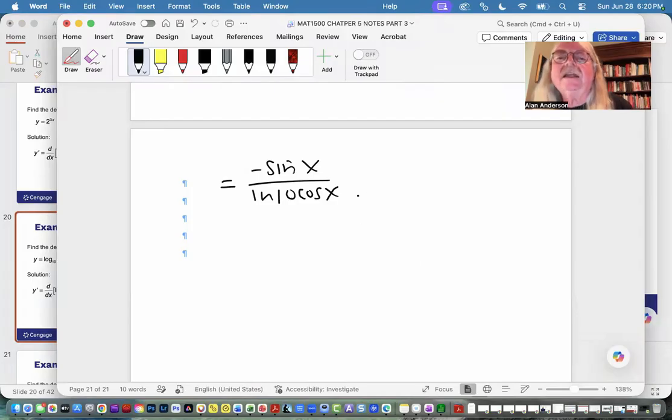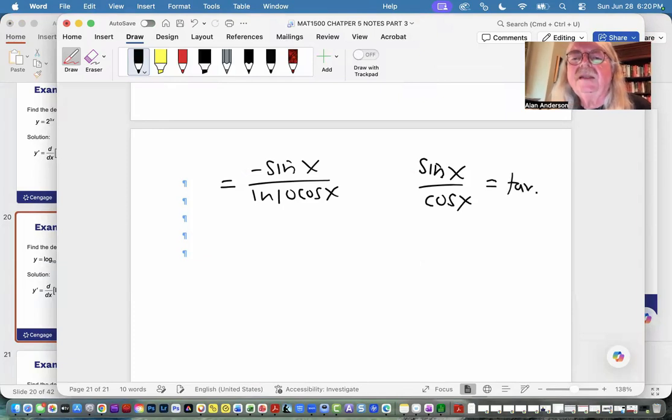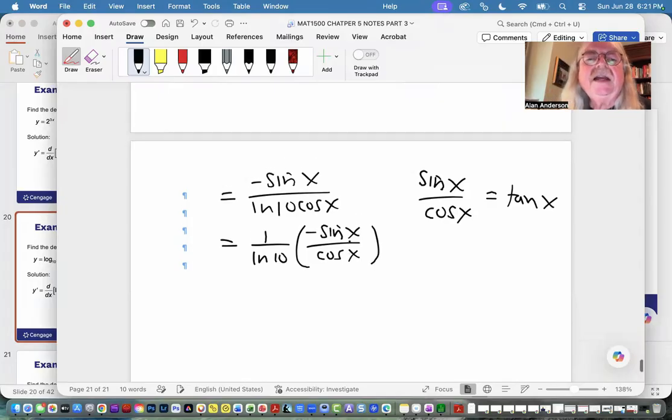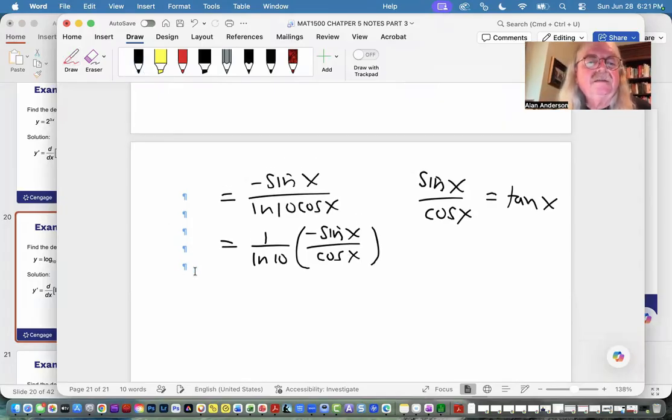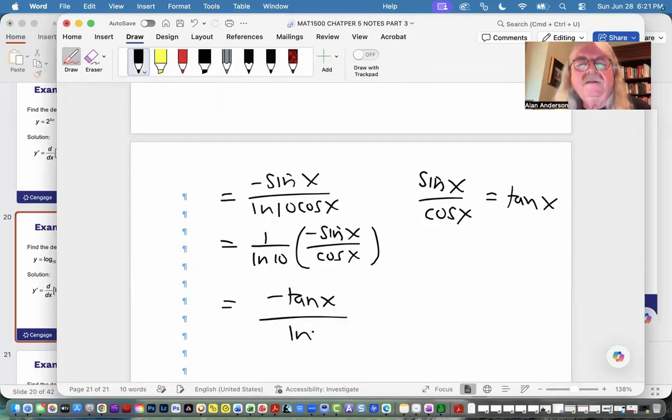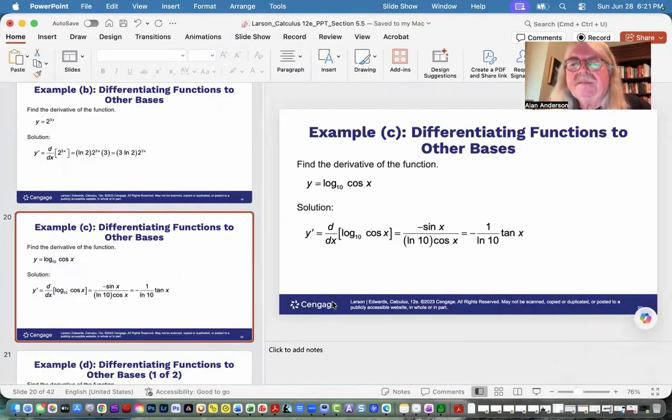They'll remind us that sine x over cosine x is the tangent of x. So they've decided to take advantage of that. And now it becomes instead negative tan x over log 10.